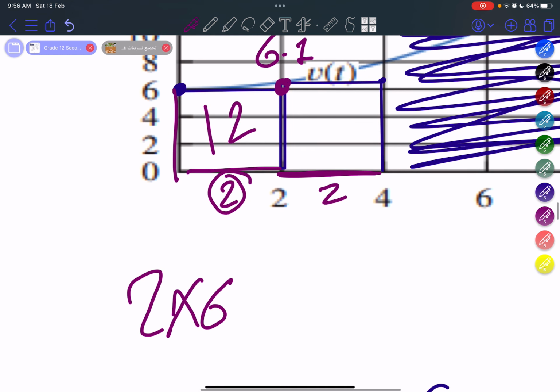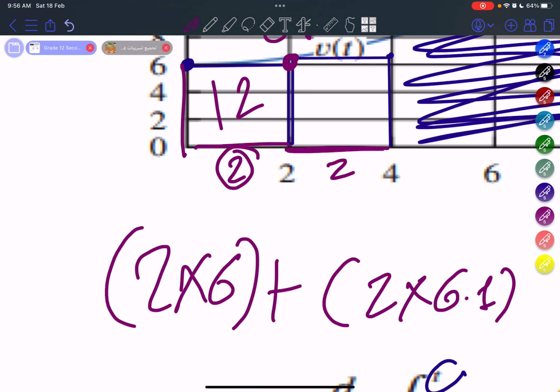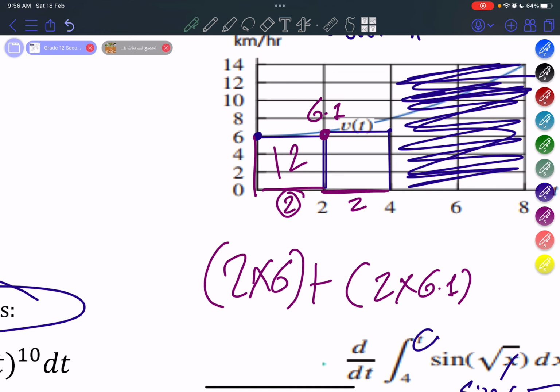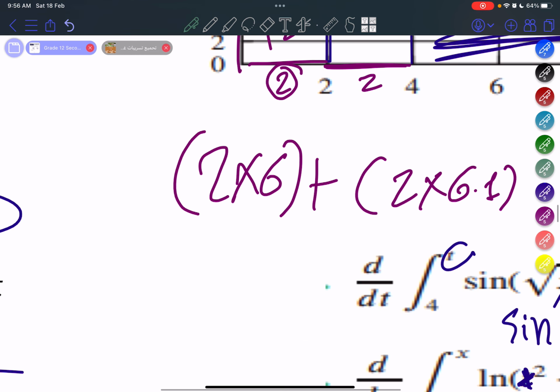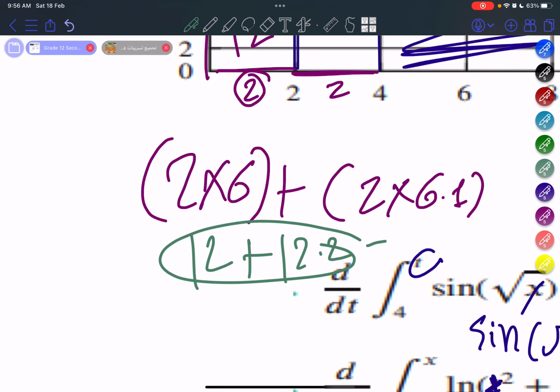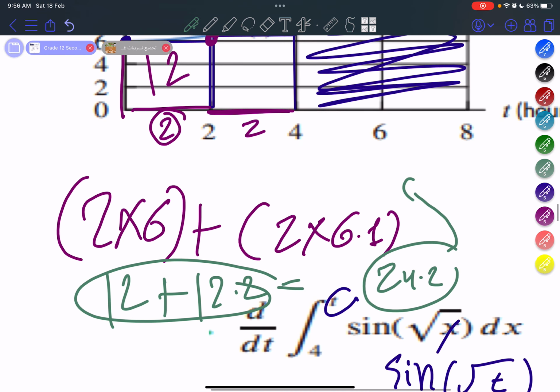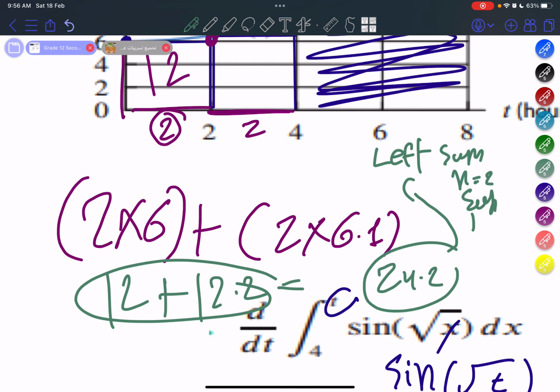So plus 2 times 6.1. So this will equal 12 plus 2 times 6.1 will be 12.2. If we add them up, we will get 24.2. So this is the left sum, n equals 2 subdivision.